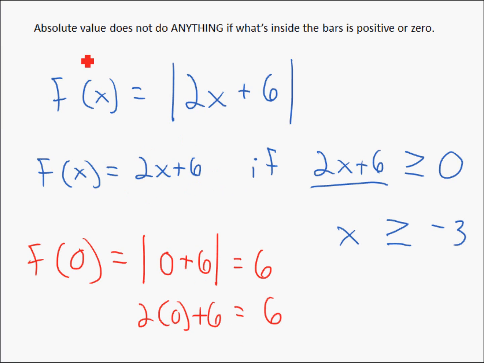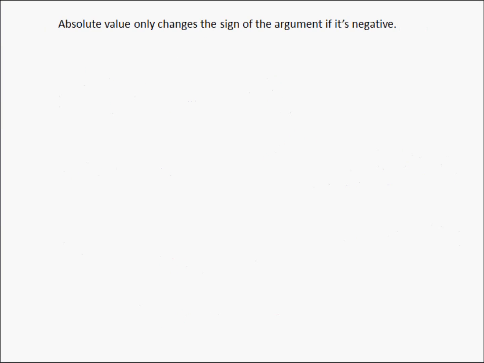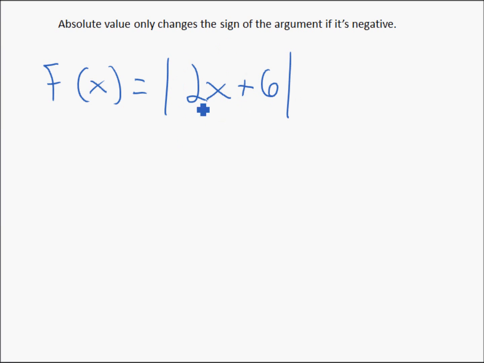Key thing about absolute value, it is a lazy function if what's inside is positive. All right? It only changes the sign if the argument, that's what's inside the bars, is negative. So let's go back to my f of x example, which was the absolute value of 2x plus 6. Well, if I could plug in an x value and make this thing negative, now the absolute value is going to change that sign.